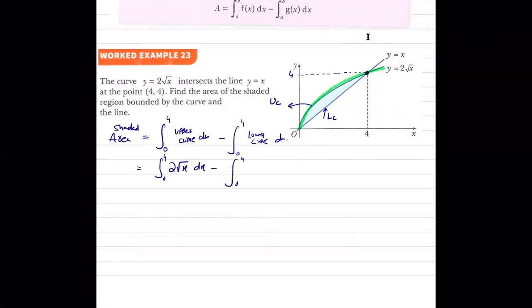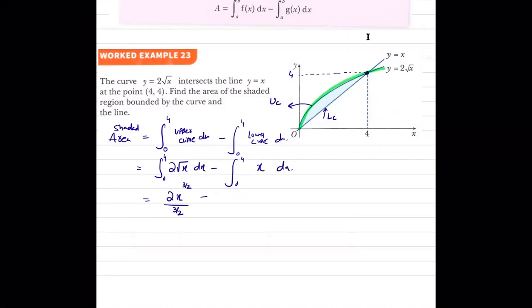The lower curve is technically a line in this case. So now I'm going to integrate this. Integration of 2 root x is going to be 2x to the power of 3 upon 2 divided by 3 upon 2. Since the limits are the same, I can apply the limits at the end as well.